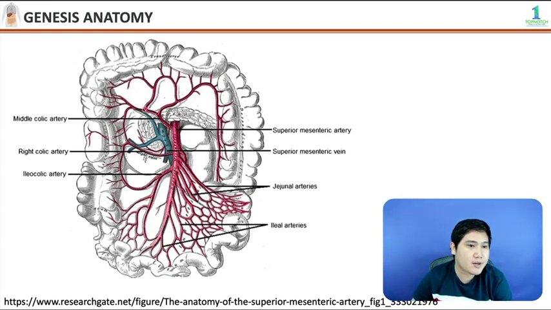This is the middle colic artery to supply the transverse colon. This is the right colic to supply the ascending colon. This is the ileocolic to supply the ileum, cecum, appendix. The jejunal and ileal arteries. So that is your superior mesenteric artery.